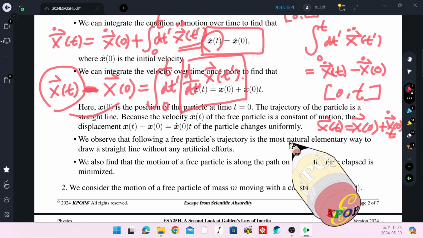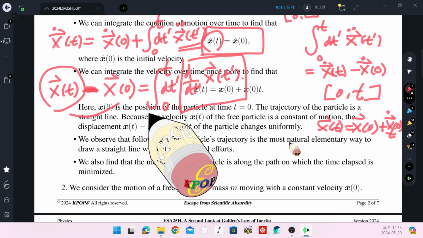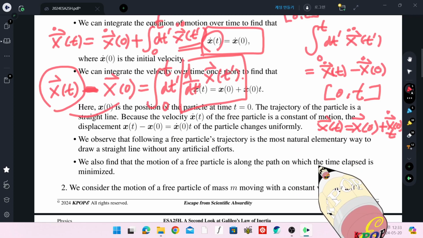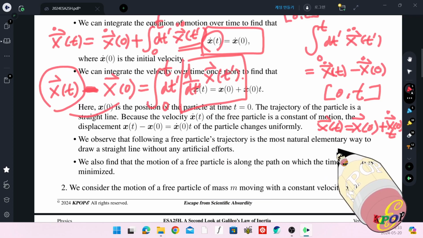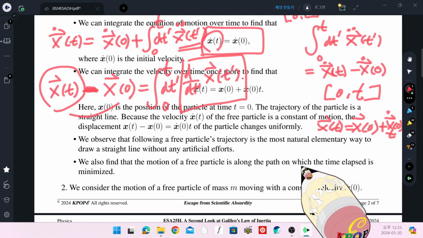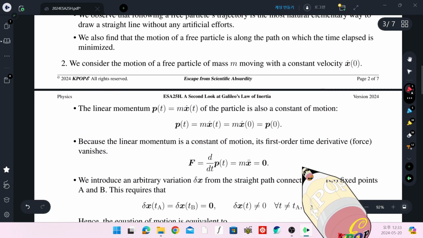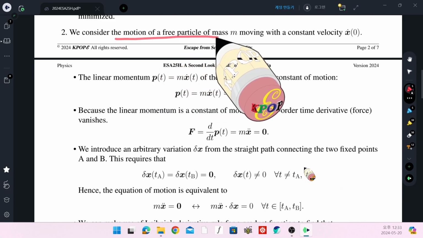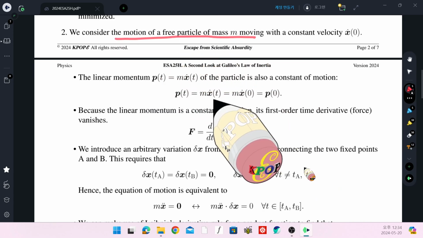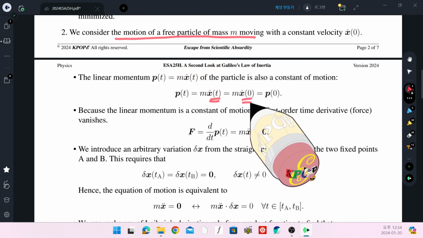So the displacement of the particle is not uniform, but it changes with the same rate along the xyz axis in a uniform way. All right, let's consider the motion of a free particle whose velocity is the same.